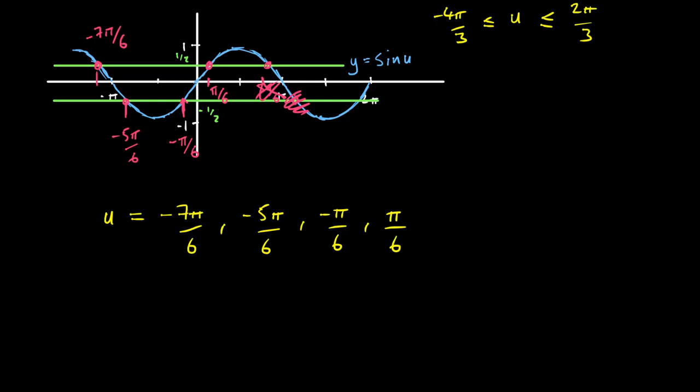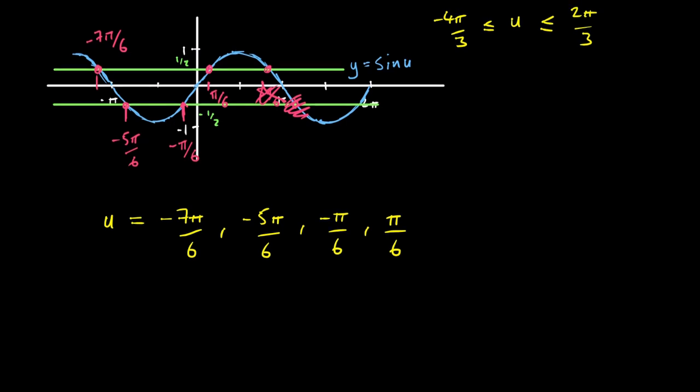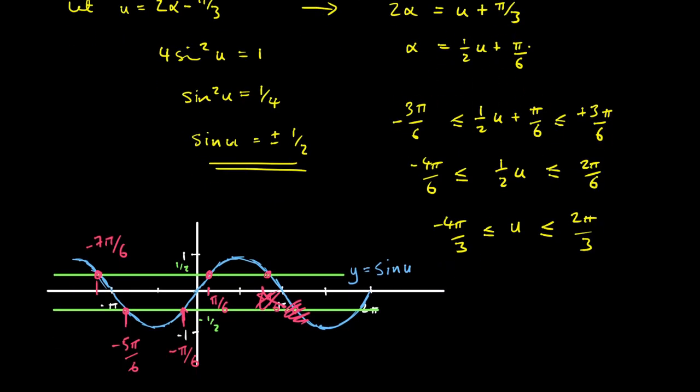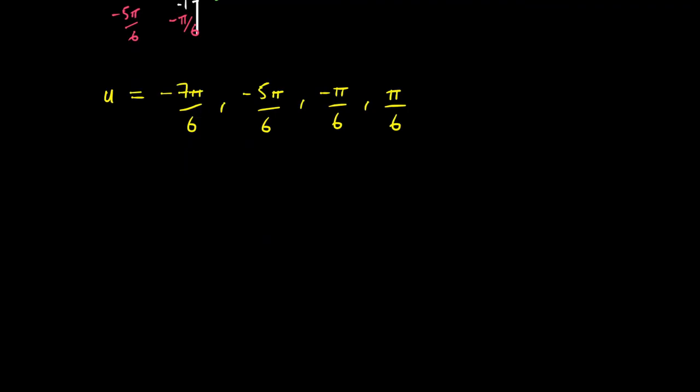Now these are all solutions in terms of u, but what we want is solutions in terms of alpha. And if you remember rightly, alpha is equal to a half u plus pi by 6. So let's write that down here: alpha is equal to a half u plus pi by 6.